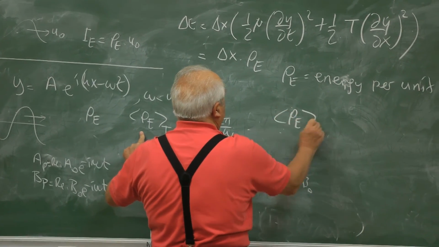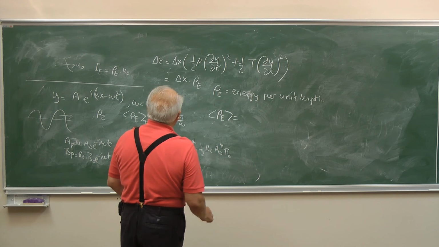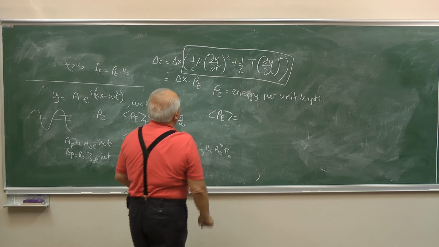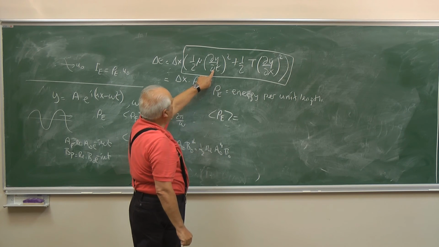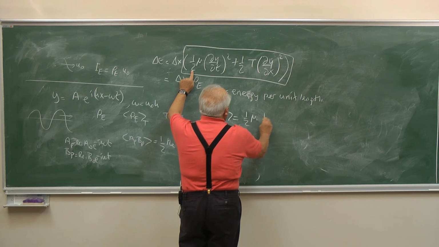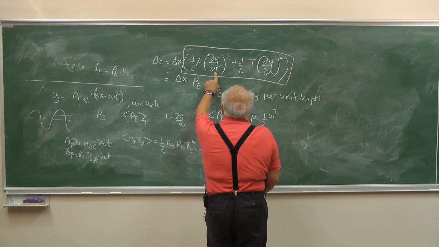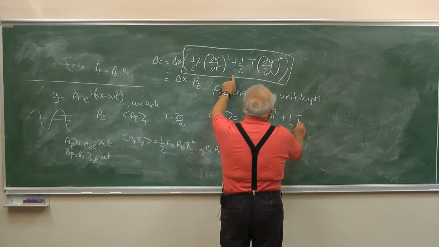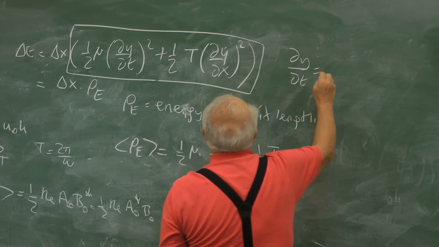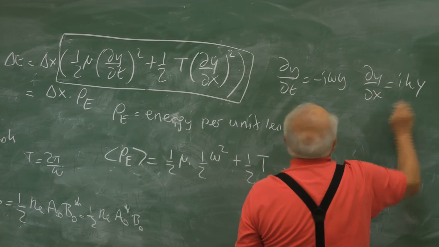And now we can just use that very simply here. So I have ρ_E equal to, take the derivative, 1/2 μ times 1/2, which will give me ω², plus 1/2 T. You see, I'm using ∂y/∂t = −iωy, and ∂y/∂x = iky.